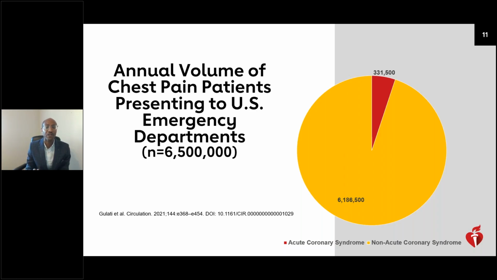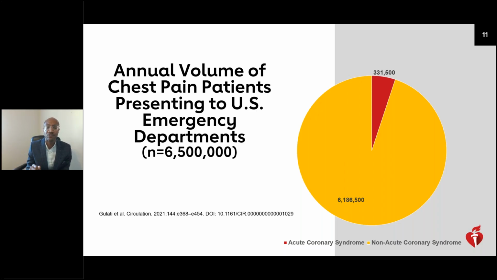So we're here today because more than 6.5 million visits to the emergency department are showing up with primary complaints of chest pain, chest discomfort. And we have a huge task, as clinicians, healthcare workers, administrators, whatever your role is, in identifying those with life-threatening pathologies and identifying those with acute coronary syndrome.